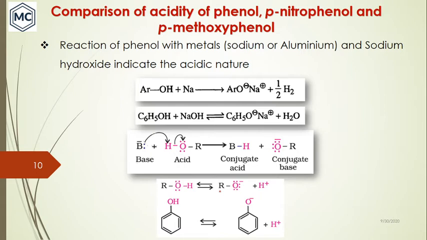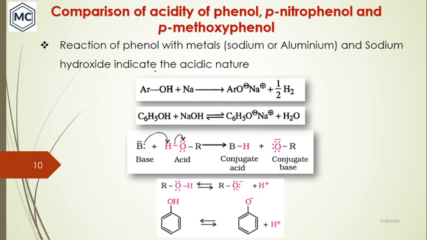Next one is comparison of acidity of phenol, para-nitrophenol and para-methoxyphenol. Reaction of phenol with metals like sodium or aluminum, or with a base like sodium hydroxide, gives the corresponding phenoxide.